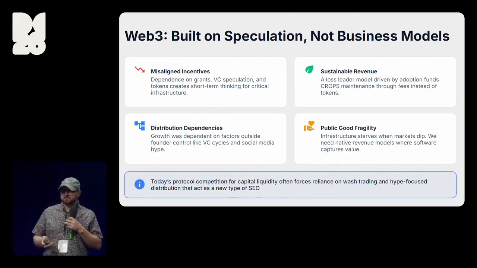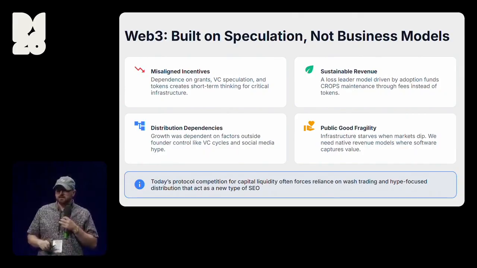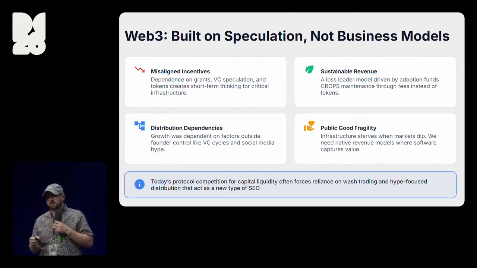But there are some other aspects that come into play with this. The growth was dependent on factors outside of the founder's control.